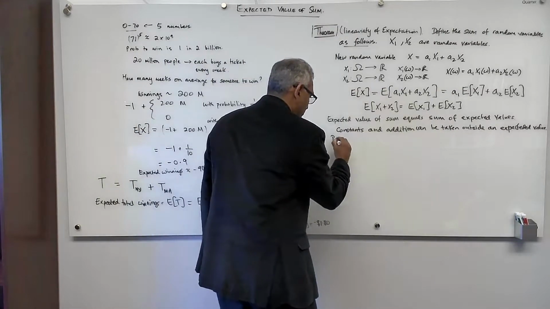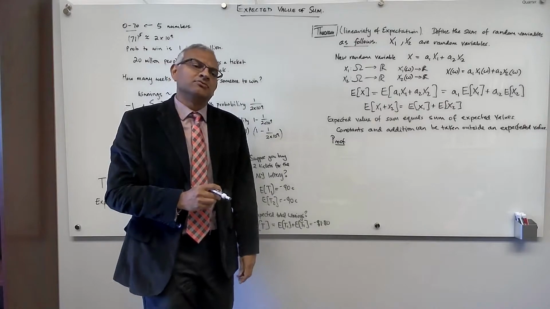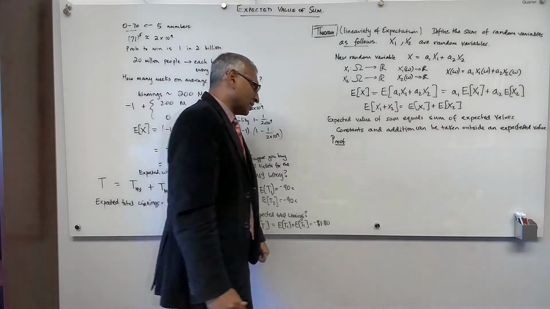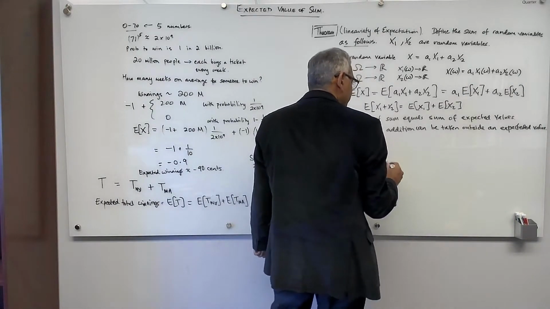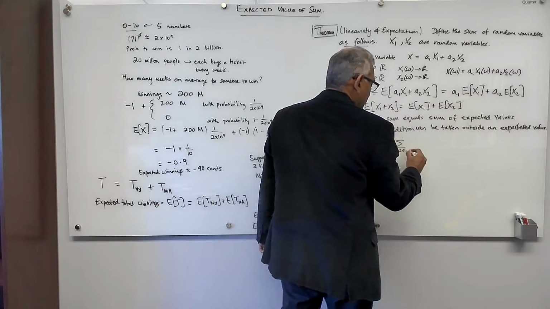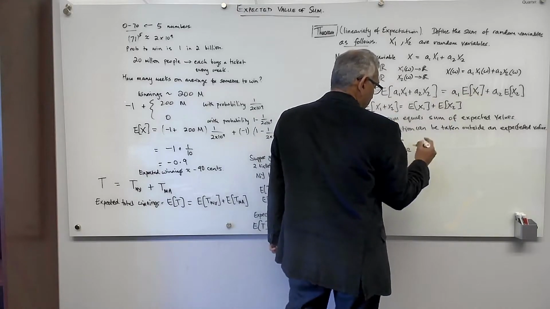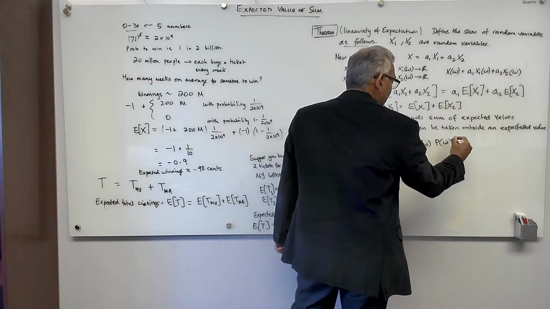Proof. Now we'll use the sample space version of the expected value, which I asked you to convince yourself of from last lecture. So what is the expected value of a random variable X? It's the sum over your outcomes in your sample space of the value times the probability of the value.